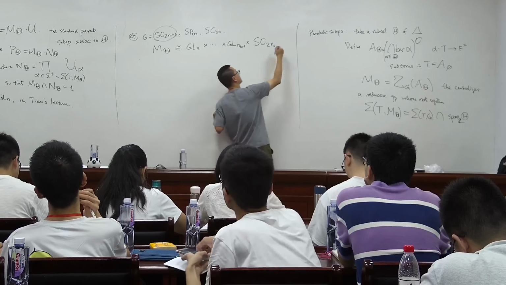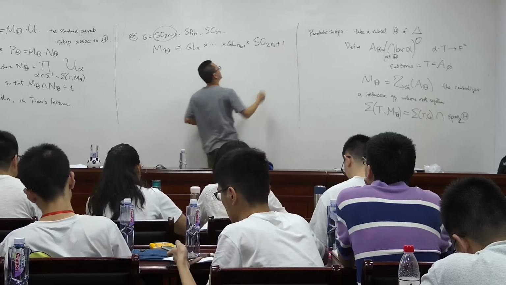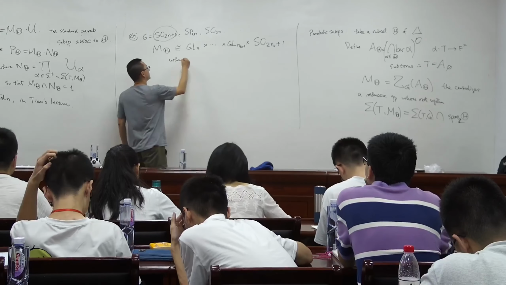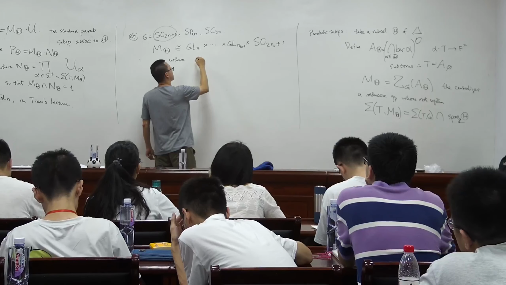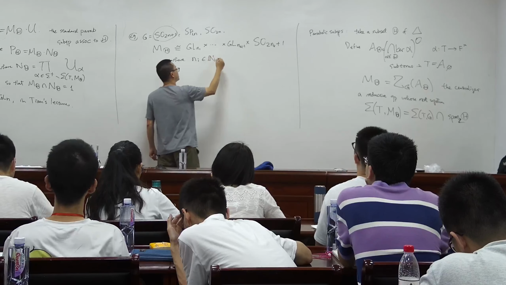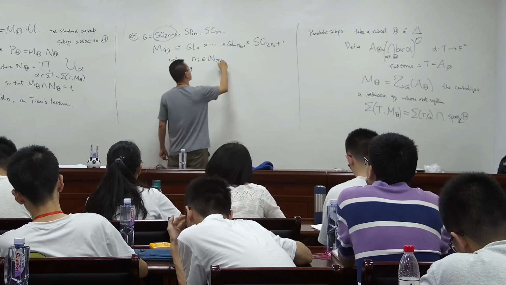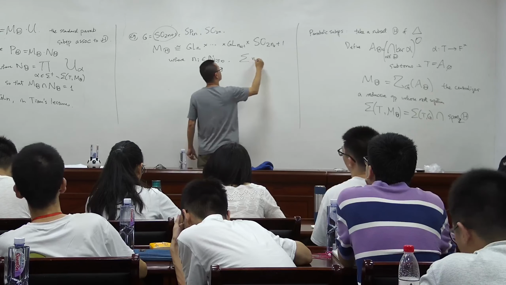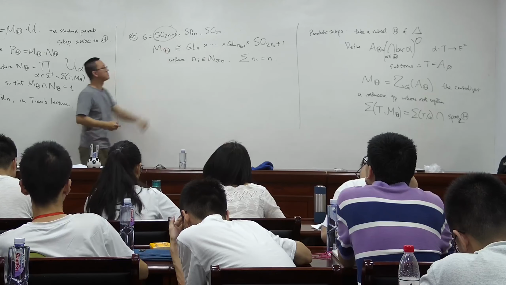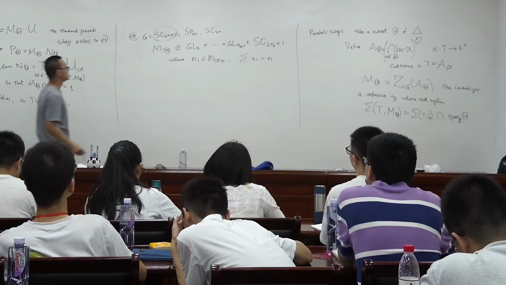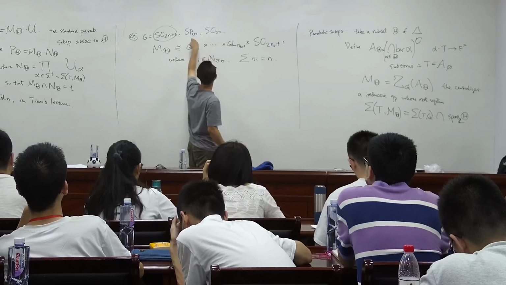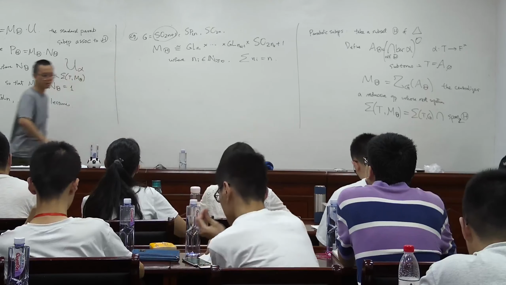So the last piece looks like this, where these n_i are non-negative integers, and the sum of all these n_1 to n_k is N. For the others, you just replace this special orthogonal group by these. Similar.